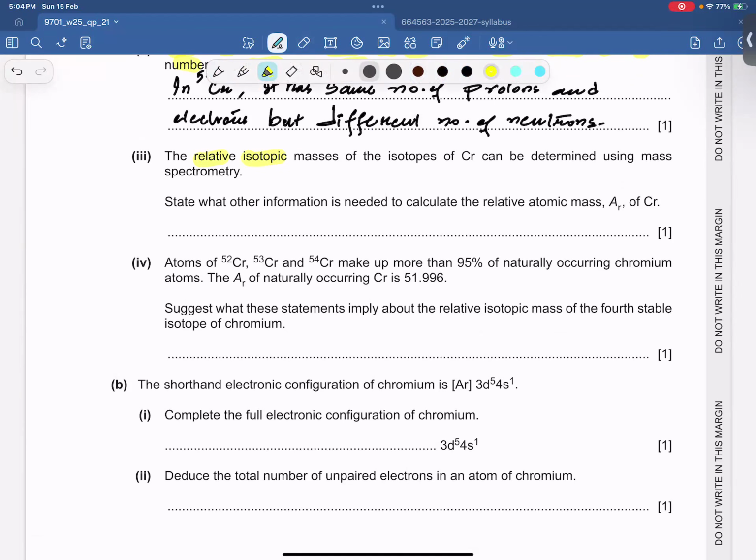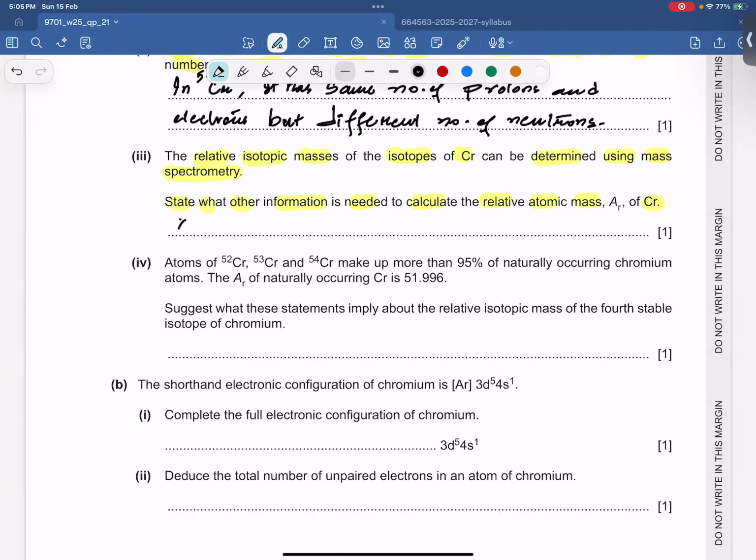The relative isotopic masses of the isotopes of chromium can be determined using mass spectrometry. State what other information is needed to calculate the relative atomic mass of chromium. In order to get the relative atomic mass of chromium, apart from isotopic masses, we need to find out the percentage abundances of all the isotopes.